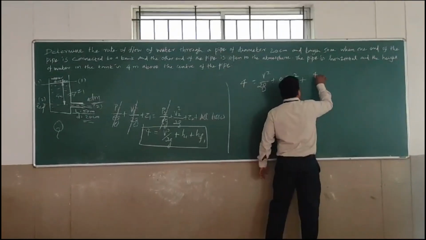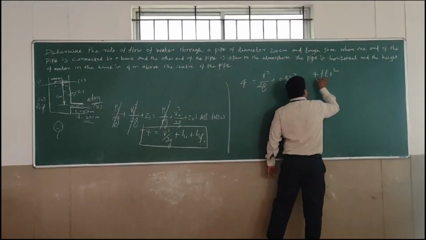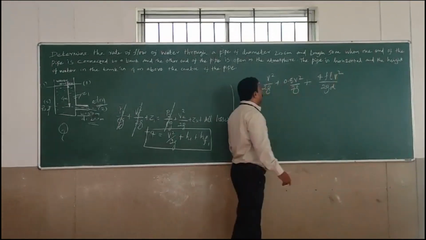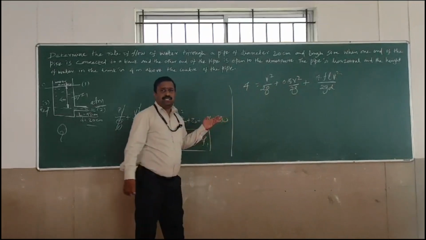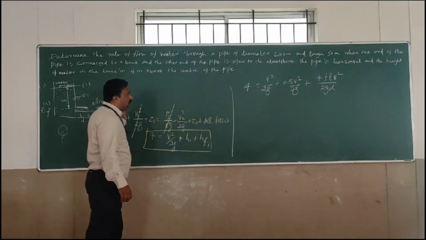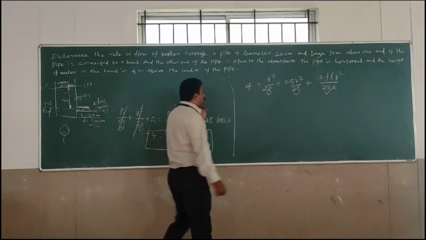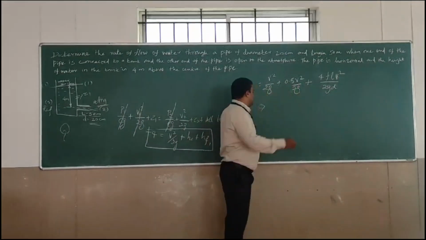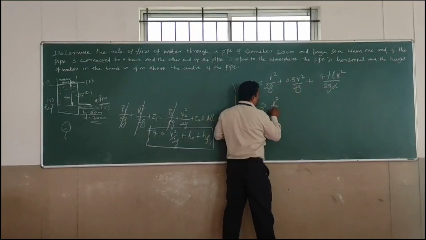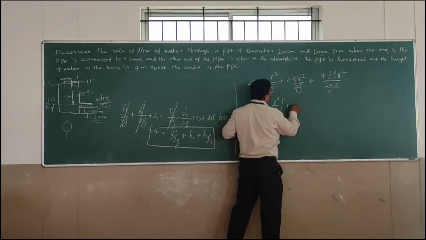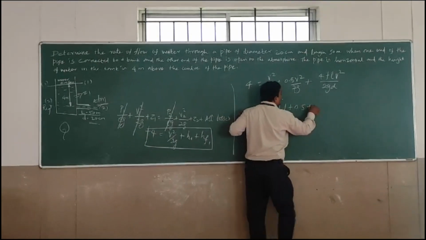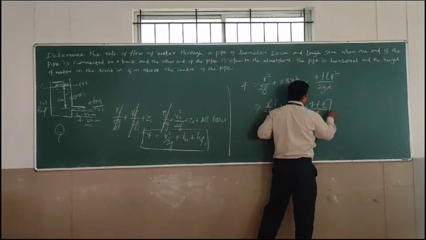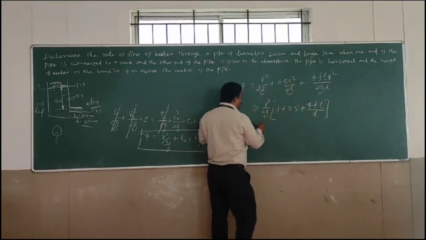That is 4 f L v squared by 2 g D. Here length is 50 meters, and velocity is what you have to find out. V squared by 2g is common in all the places, so I am taking it out: 1 plus 0.5 plus 4 f L by D, where D is the diameter.